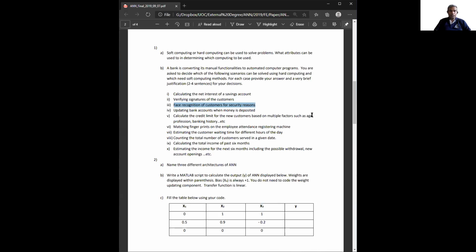Here, of course, you can say data is noisy and imprecise, but I want to be specific for this particular scenario. When it comes to face recognition, what kind of data and information do we have? For example, does the same person look always identical at different visits to the bank?